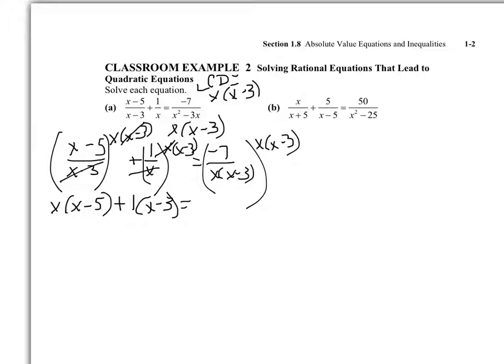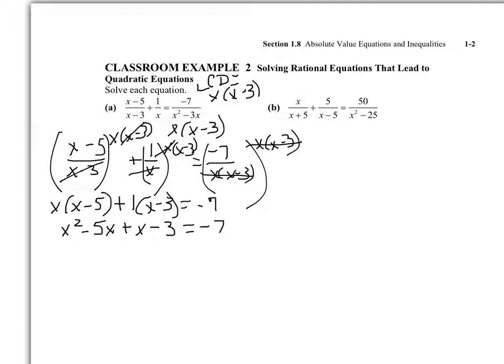Now on the right side, everything in that denominator cancels with the entire LCD. That means I only have negative 7 on the right side of the equal sign. Time to do a little more cleanup. Distribute, and you will have x squared minus 5x plus x minus 3 equals negative 7.